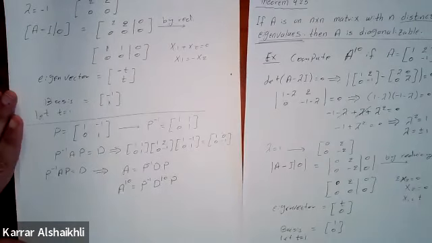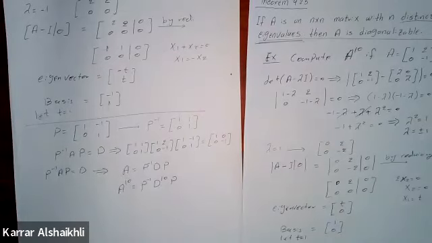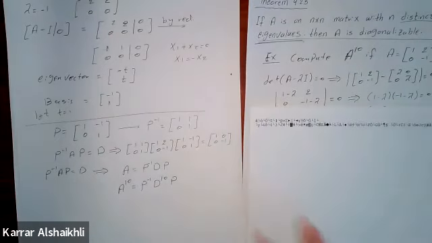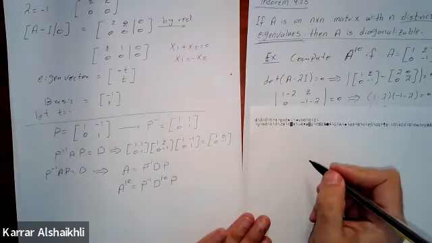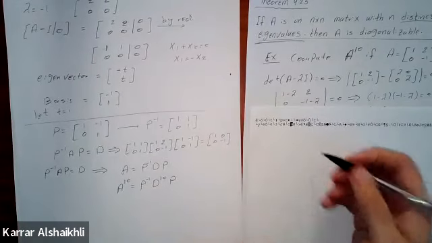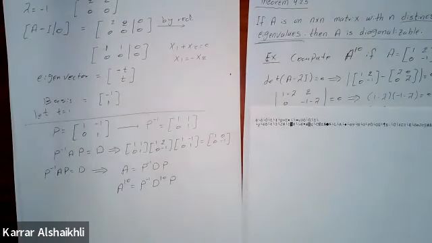Now, how are we getting A equals P inverse times D times P? Okay, so let's do this one on the side. Is it because it's like a similarity? Oh yeah. Because when it's similar, that means A is similar to D, right? So I can just move these two here.